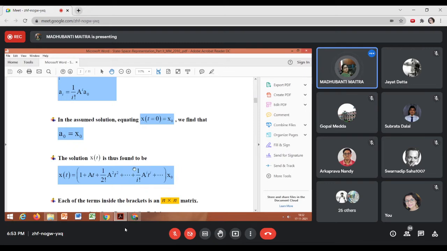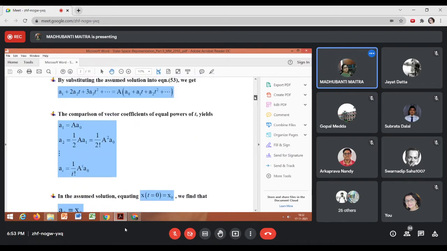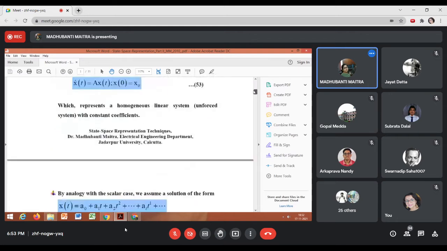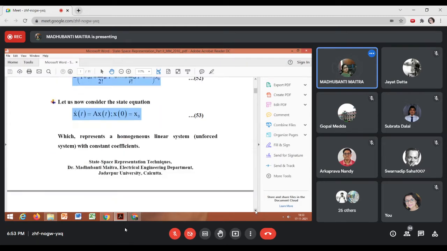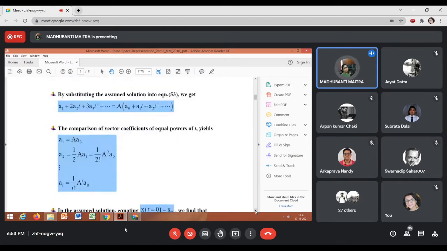Okay, now you compare this equation with this one. So what is this? e to the power at, where a is a scalar, a is some constant.